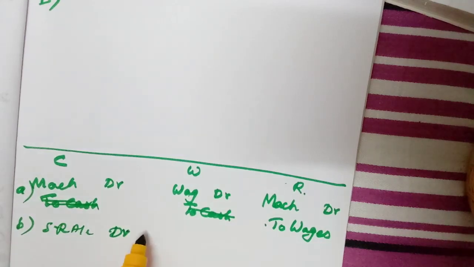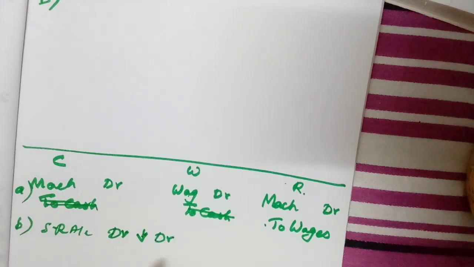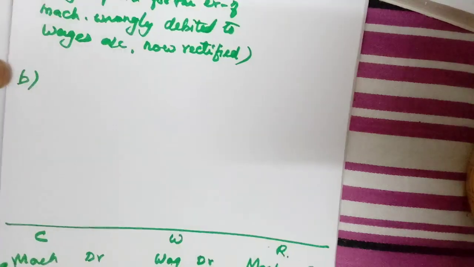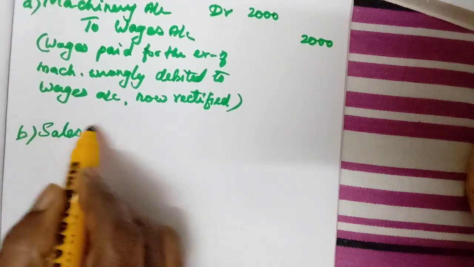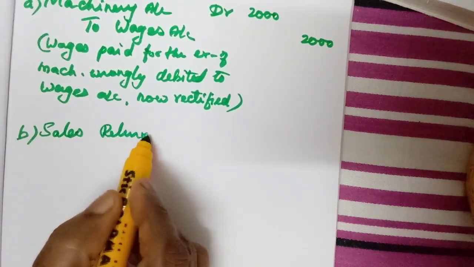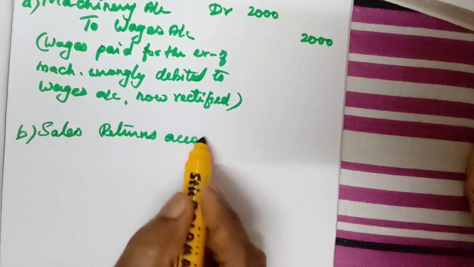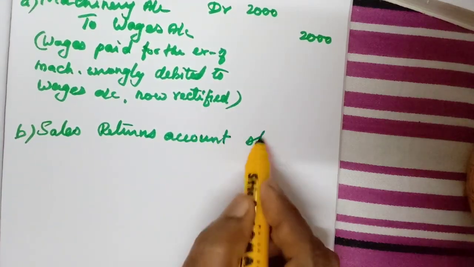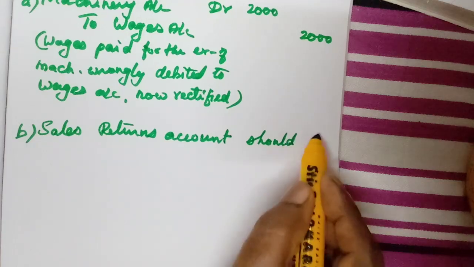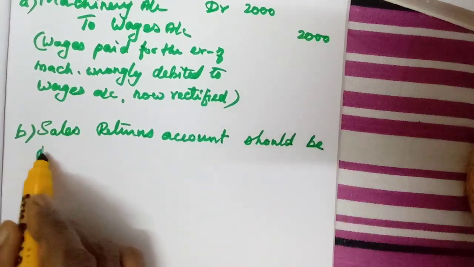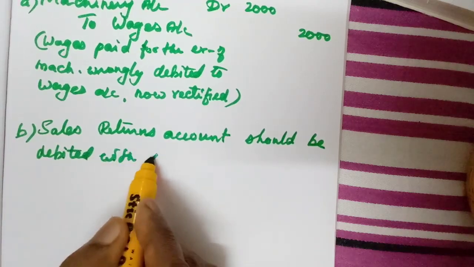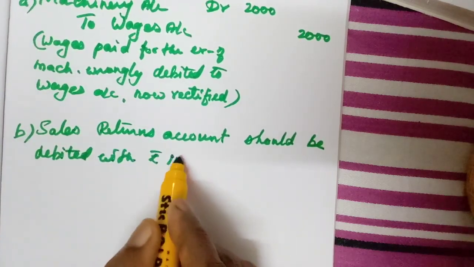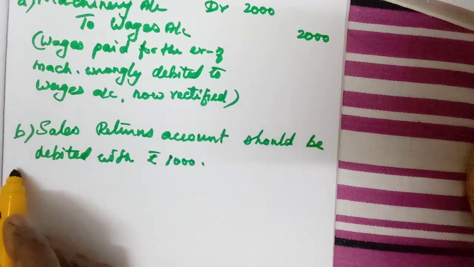Debit is short totaled, so again we need to debit. So sales returns account should be debited with rupees 1000. Then C.